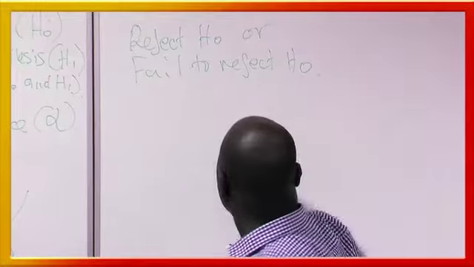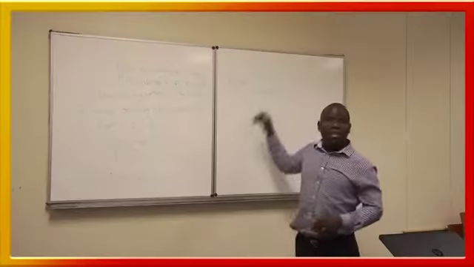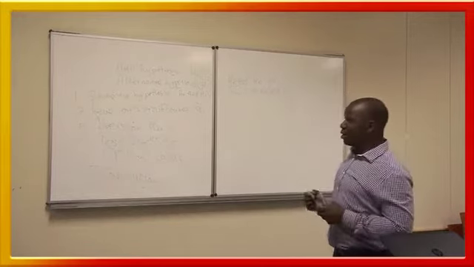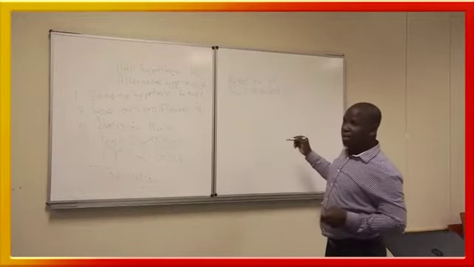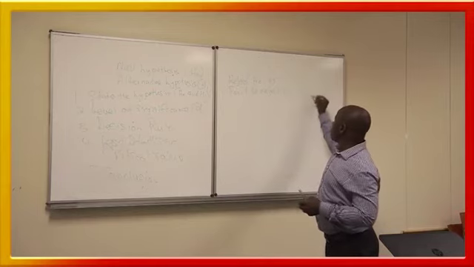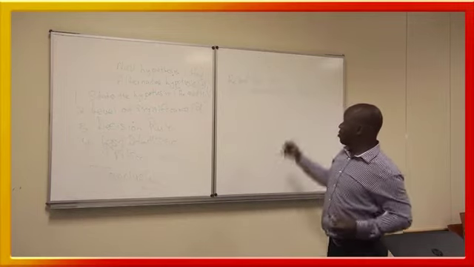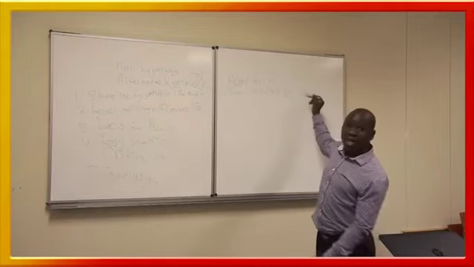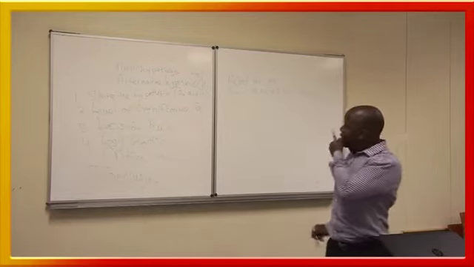Please, I want you to take note that failing to reject is not the same as accepting H0. I know some text will actually say accept H0. I'm sure in our next segment I'll be able to explain in detail why we say you fail to reject rather than saying accept H0.